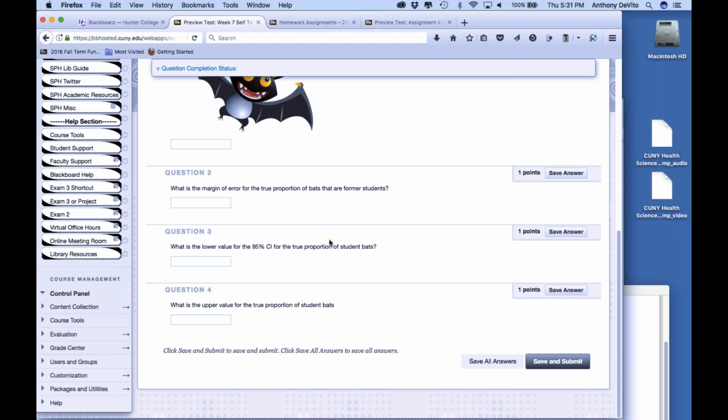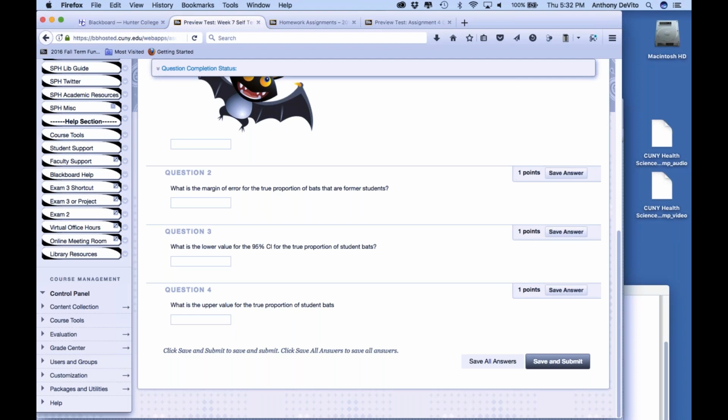Okay, and then what's the lower value for the 95% confidence interval? Well, it's 75 over 250, which is 0.3. It's 0.3 minus the margin of error, and the next one is going to be 0.3 plus the margin of error. So that's going to be the next problem. You have all the tools to do that problem.